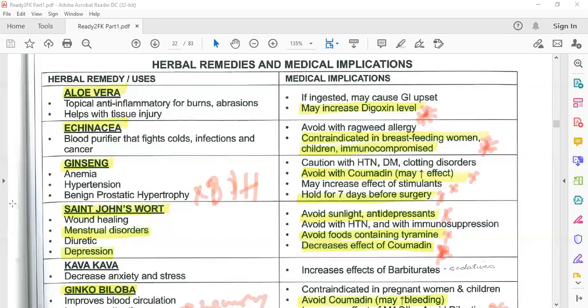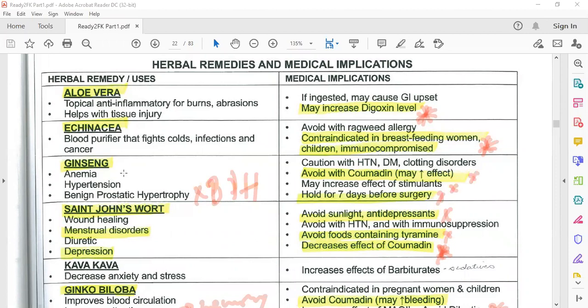But also keep in mind, ginseng we use for hypertension. But I said it is not good, ginseng should not be given to a patient who is already diagnosed with hypertension, or to a diabetes mellitus patient, because the blood glucose level may drop, right?